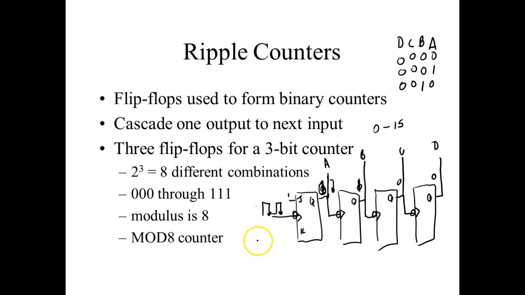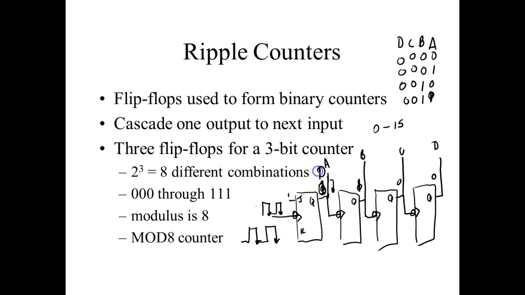Then I put in another clock pulse. Rising edge, nothing happens. Falling edge, this one goes back to a 1. Nothing happens over here because it's looking for a falling edge. Then I go like this again on the falling edge.